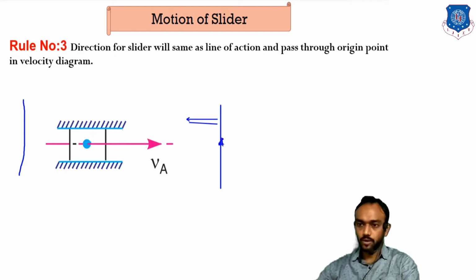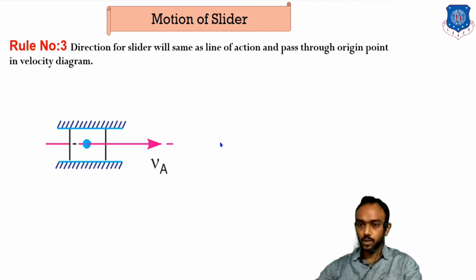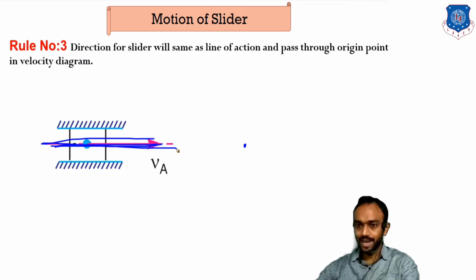So at an extreme point, there is velocity 0 for an instant. Velocity 0 means the slider has velocity 0 at the two extreme points. So this line of action will always pass through the origin.